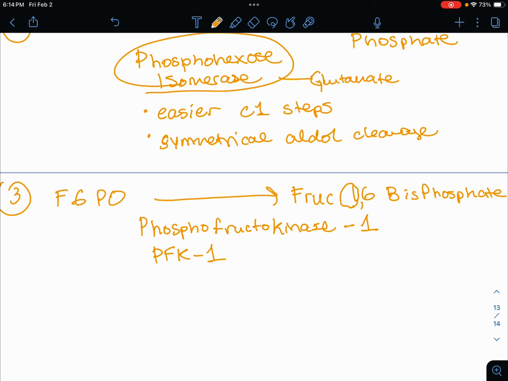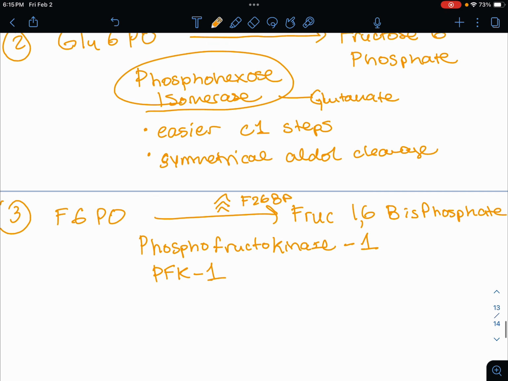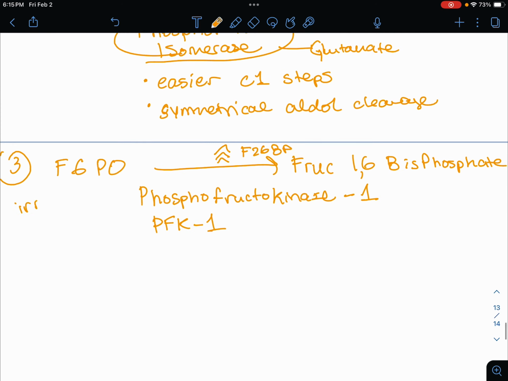They're related. There is a fructose 2,6-bisphosphate. However, that molecule isn't part of this reaction other than being a regulator of this step. When we have that fructose 2,6-bisphosphate, this is going to drive the reaction forward. Again, when we get to this PFK1 step here, step 3 in glycolysis, this is going to be irreversible.